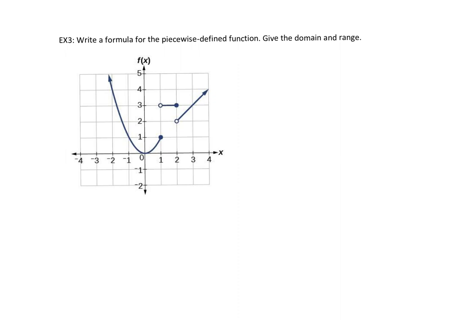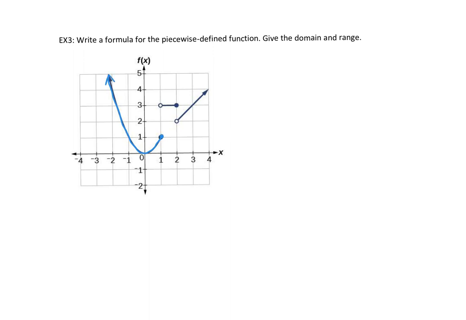This last example is a little bit challenging because we have a graph, but now need to figure out what our piecewise function is. So the first thing I like to do is first figure out what my intervals are. If we look at the left-hand side and we look at this graph that I'm going to sketch in blue, the x values go from negative infinity to 1, and it includes 1.